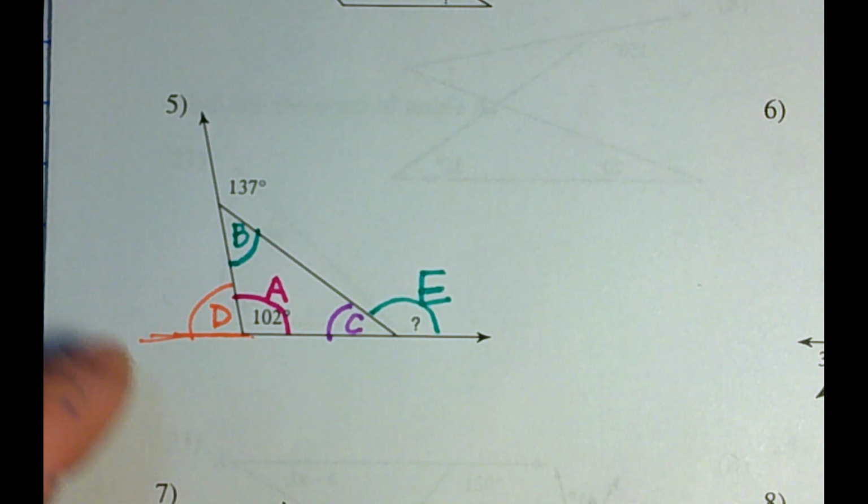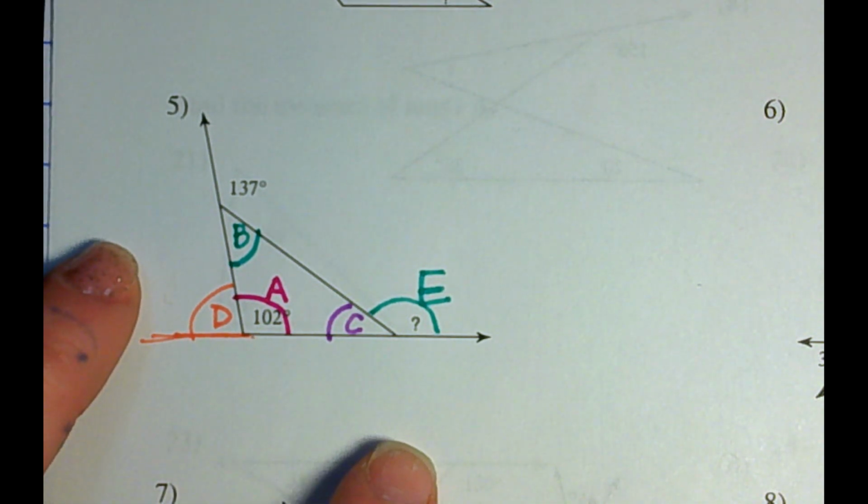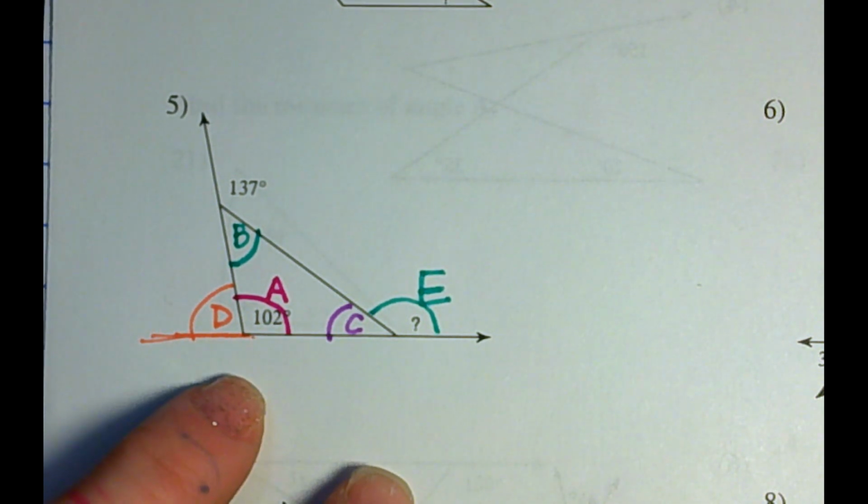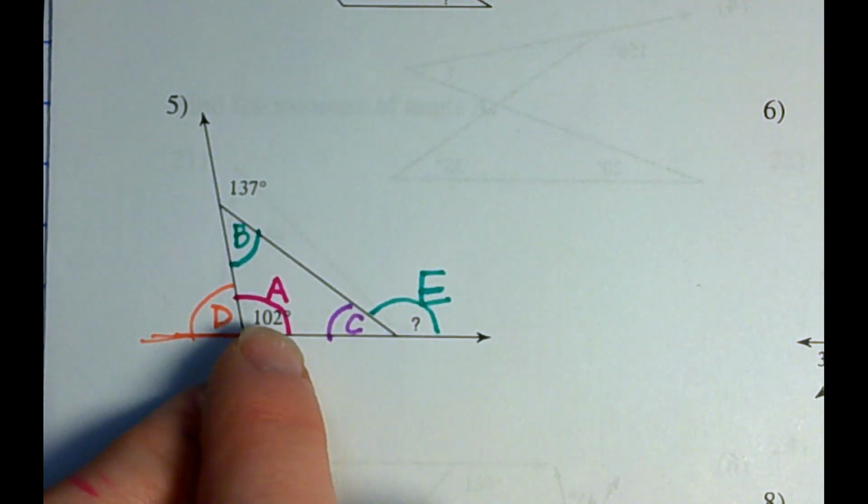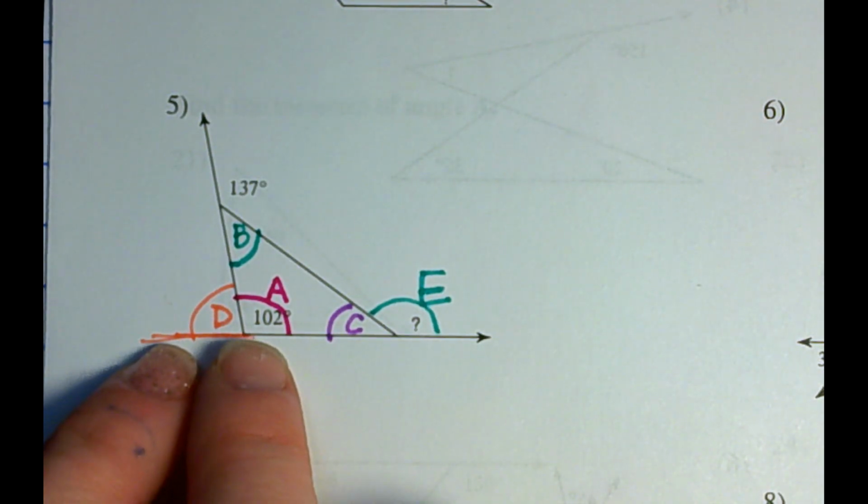So I subtracted 180 from the 102. So you did 180 minus 102. Yes, and I knew the straight lines were 180.